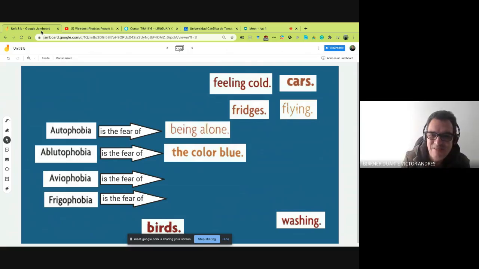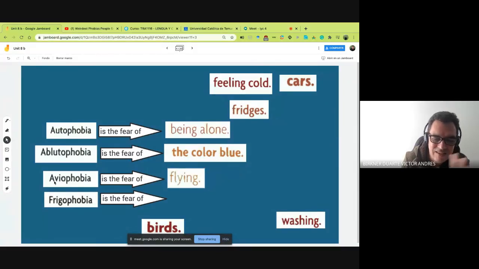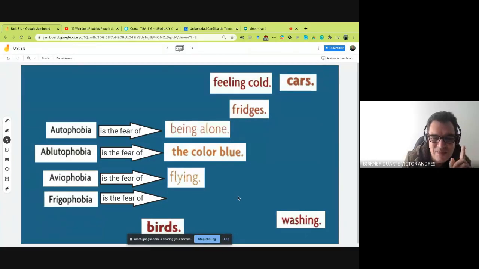Flying, maybe? Yeah, flying. If you pay attention, avio is the same as avión in Spanish, right? So some people say that it is the fear of birds, right? But it's not.